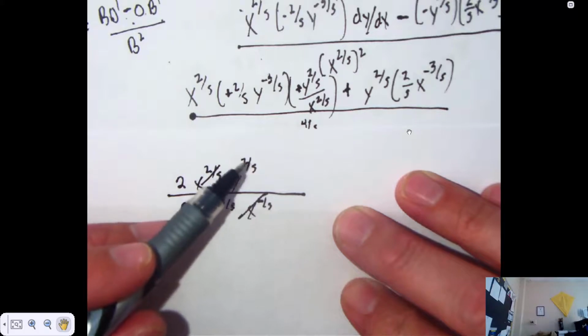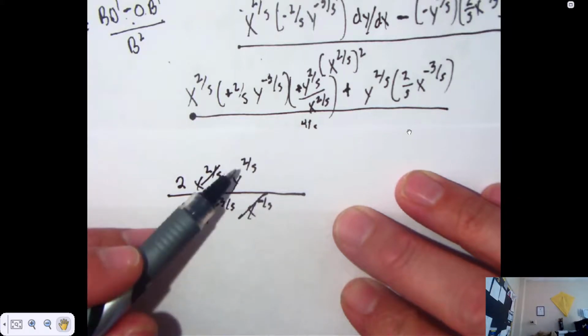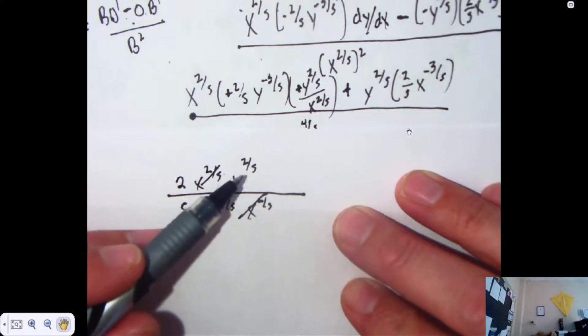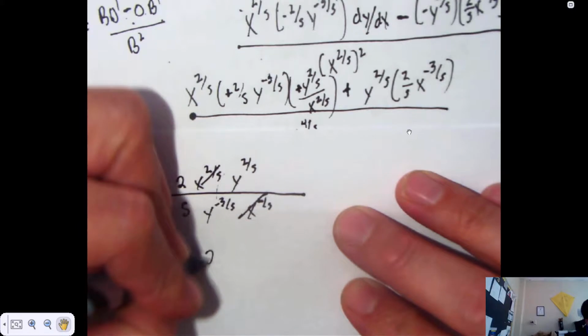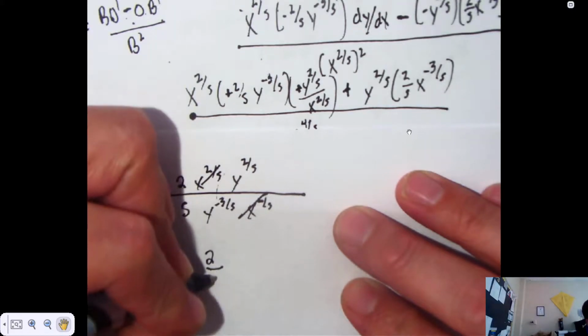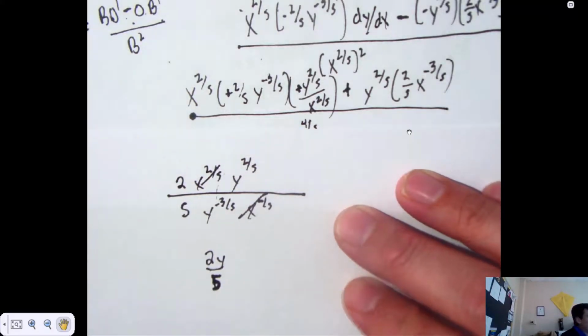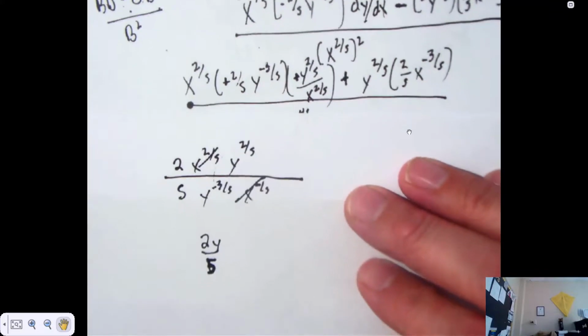The deal with division of exponents is you subtract. So if you take away a negative 3/5 from a positive 2/5, you'd have 5/5, which is what? 1. So 1y. So that whole leading thing actually just reduced down into 2y over 5. So it actually got quite a bit simpler.